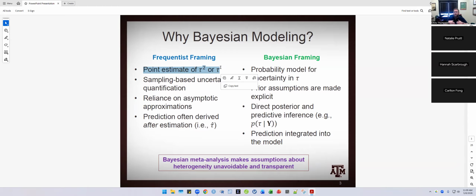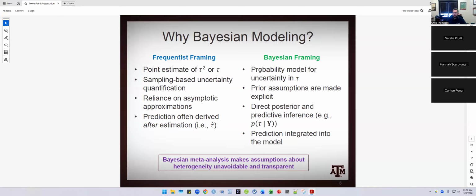So we will get a point estimate of it, of which there are at least 15 or so ways that can be done. In the Bayesian context, we are treating this tau parameter as random.